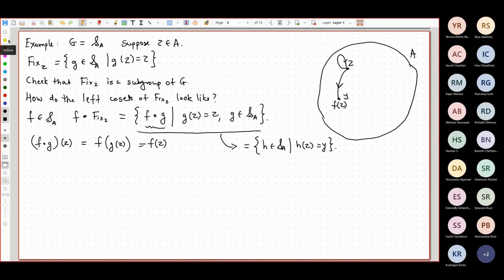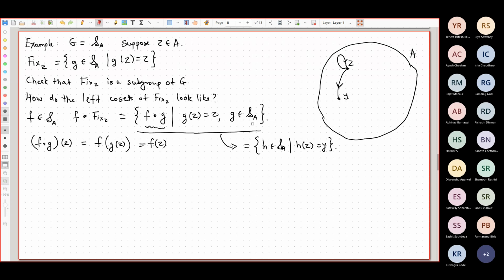What I'm saying is the following. Let Y be any element of the set A. How did we define fix Z? Fix Z was the set of bijections which map Z to itself.